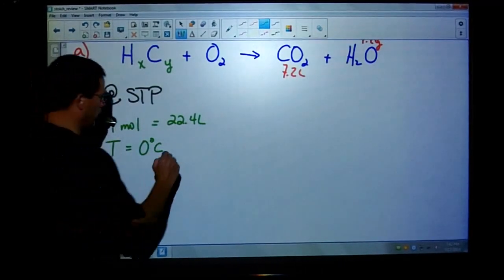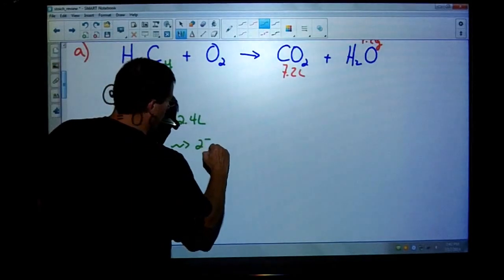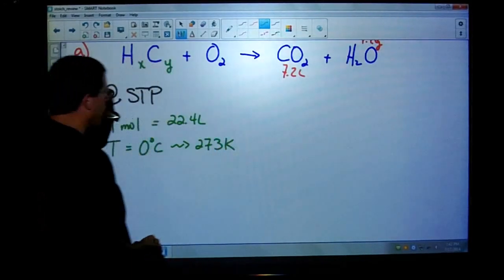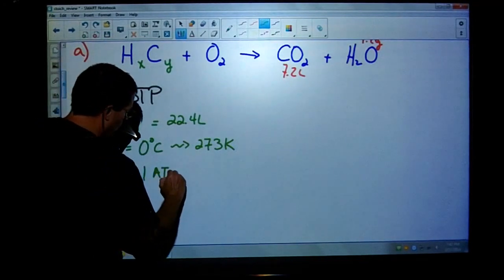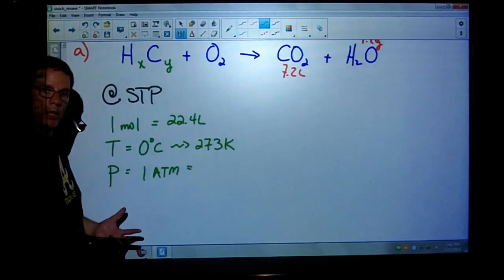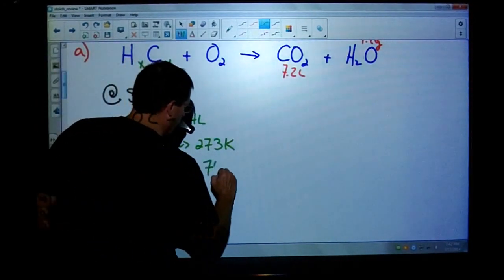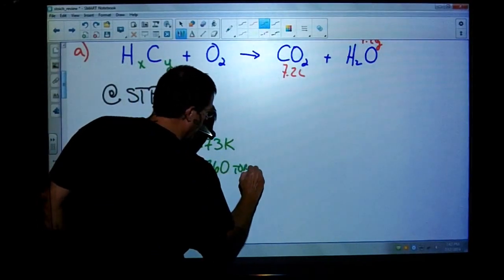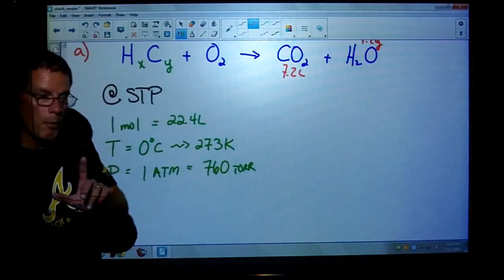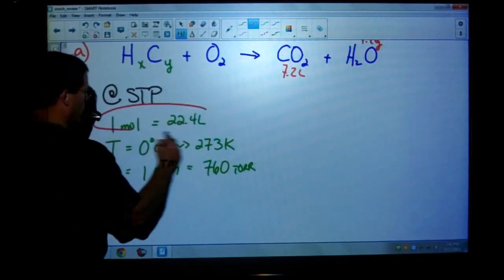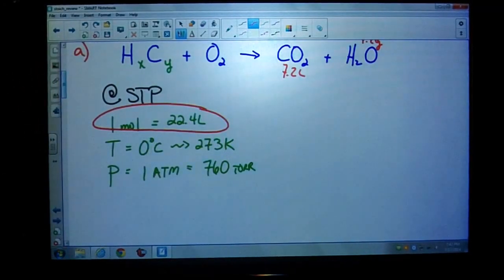We don't really like 0 degrees Celsius, but 273, we do like. And the pressure is at 1 atmosphere, or another unit that we could use is 760 torr or millimeters of mercury. But probably the most important piece of information is right there.